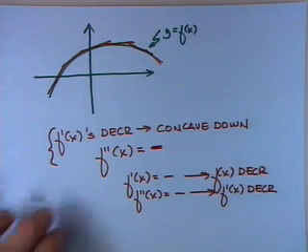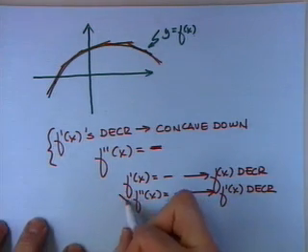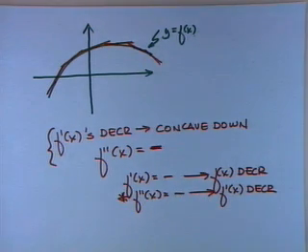Very similar statement. I just put an extra derivative mark on each side. So this is the one that we want to spend a few moments on now: if the second derivative is negative, the derivatives are decreasing, and if the derivatives are decreasing, it's got that kind of shape, that concave down kind of shape.